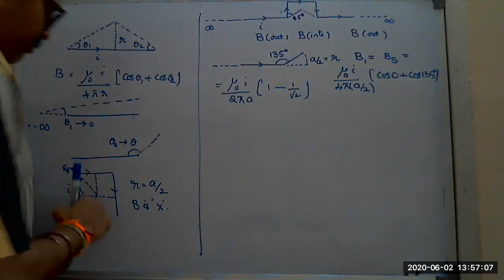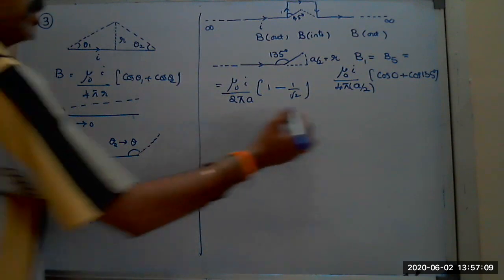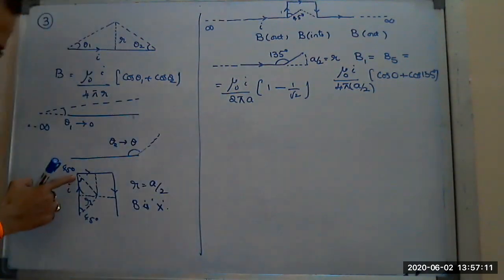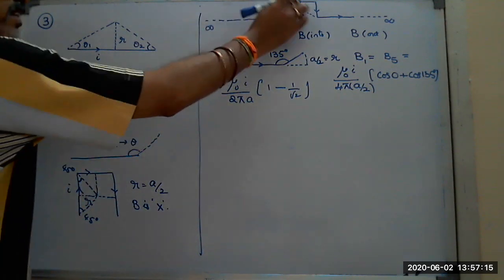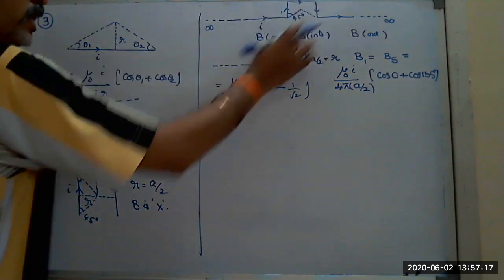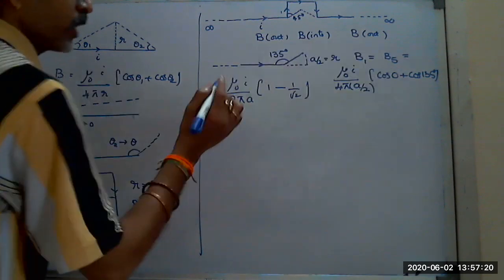And for these three parts, each wire is making an angle of 45 degrees here. So the first part is over, then second, third, and fourth. The fifth is already over. B1 and B5 I wrote here.